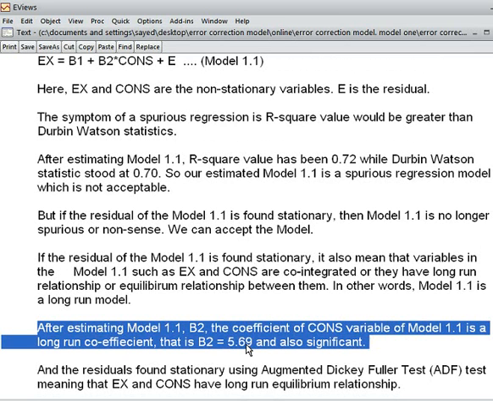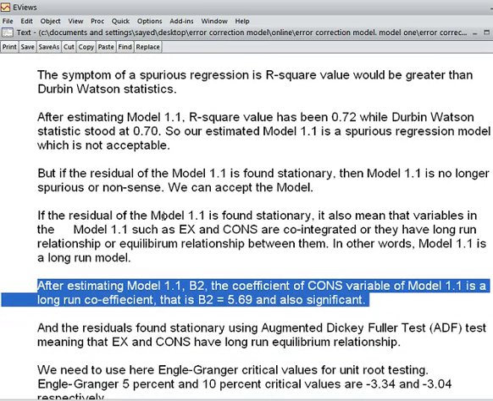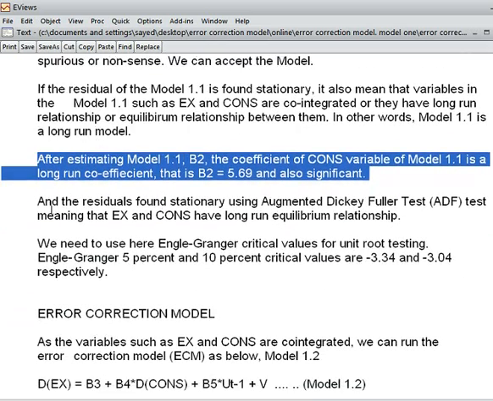Okay, now we want to check whether the residual of model 1.1 is stationary or not. How to check it? You know how to check whether a variable is stationary.